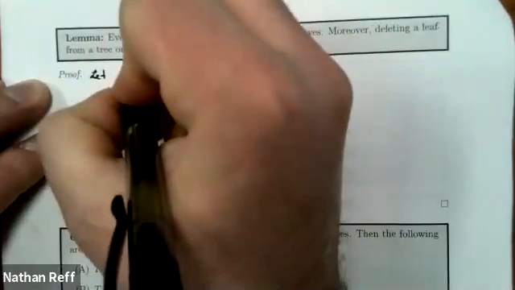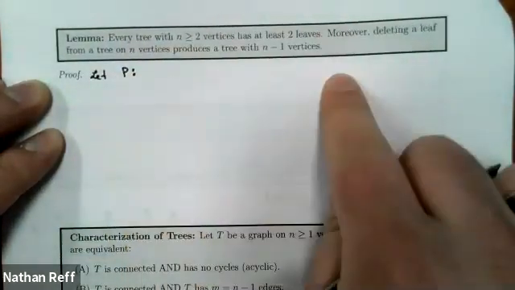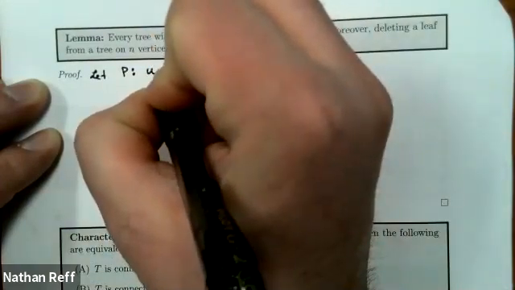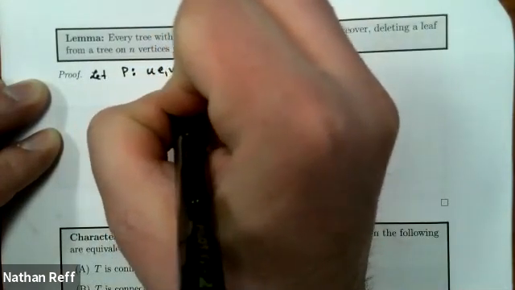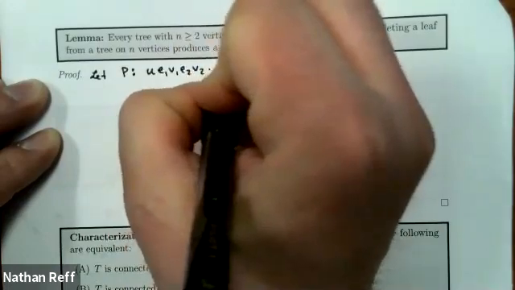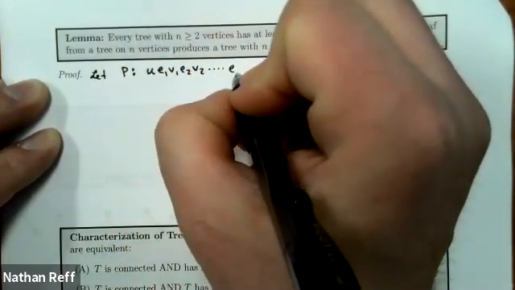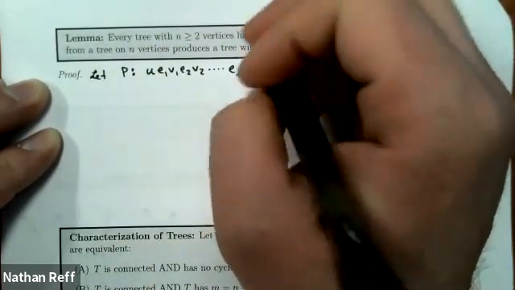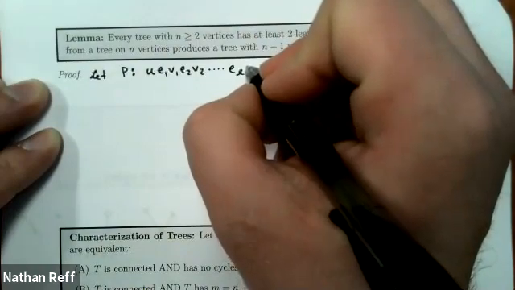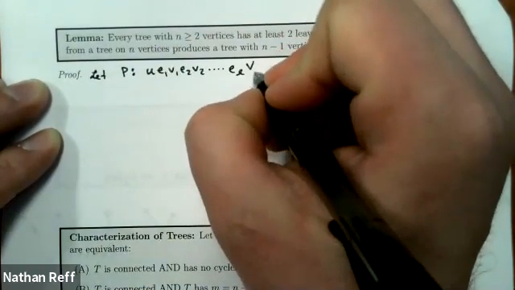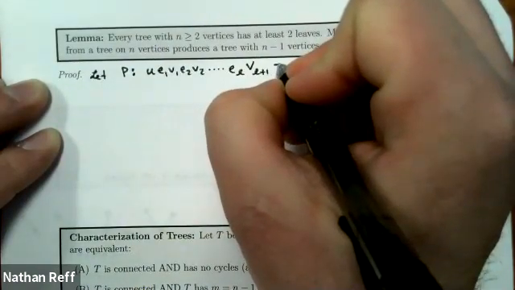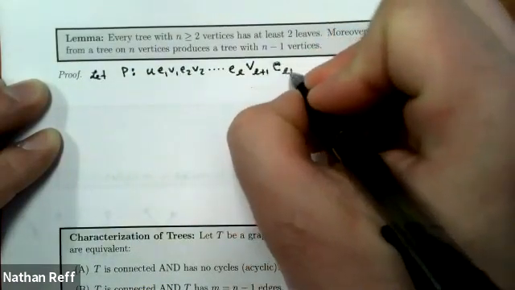So let P be defined using this alternating sequence of vertices and edges: u, e1, v1, e2, v2, and so on up to w.